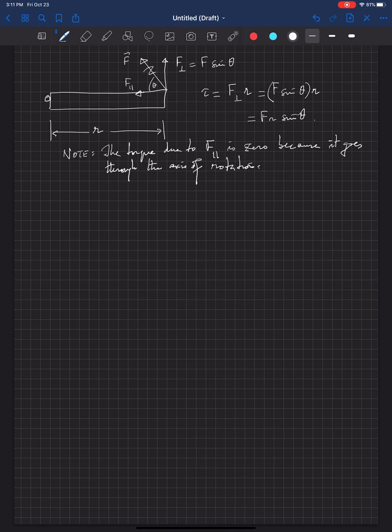All right? So these are two ways of thinking in terms of torque or defining torque.